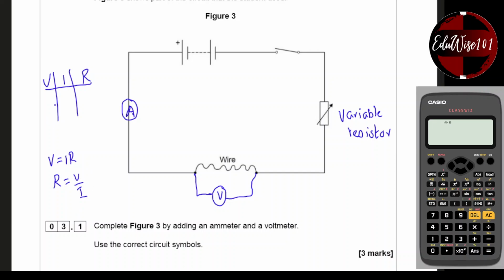So you would need different values of voltage and current to get the different resistance. Now in that table you would record the length as well. So 10 centimeters, 20 centimeters, and 30, or you can go up to about a meter. About 70 to 80 centimeters is more than enough as well.